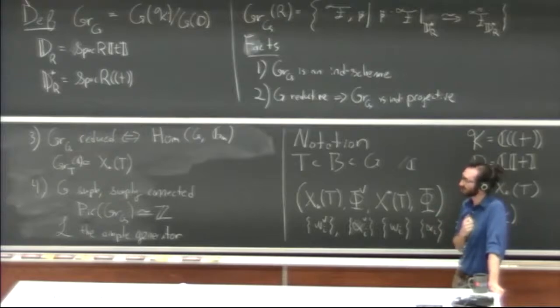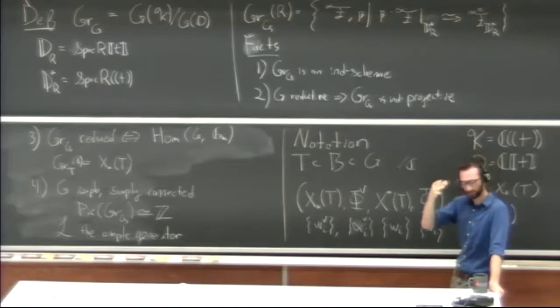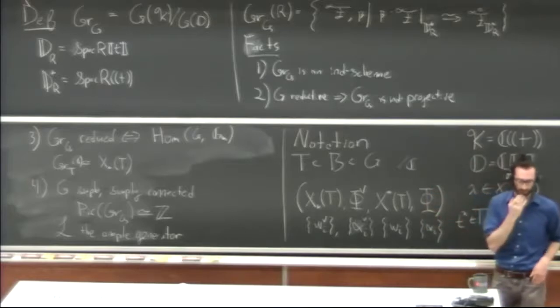So you're taking a non-reduced scheme. It has all that nilpotence. You can divide, and then you get a reduced scheme. Would that be equivalent to replacing G by G mod the radical, or is it more elaborate than that? I think it should be something delicate.